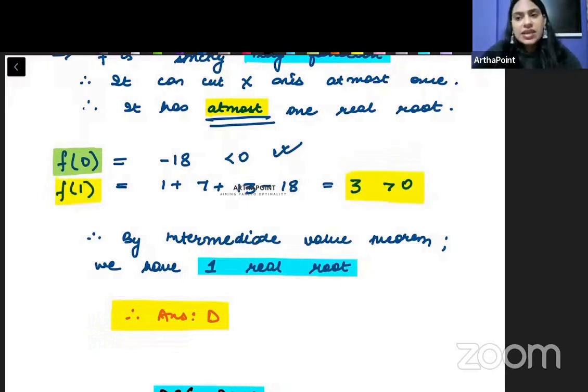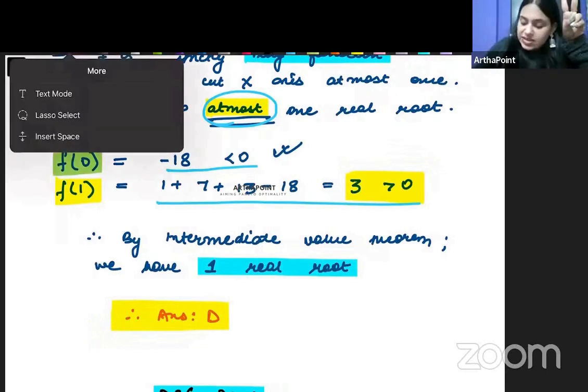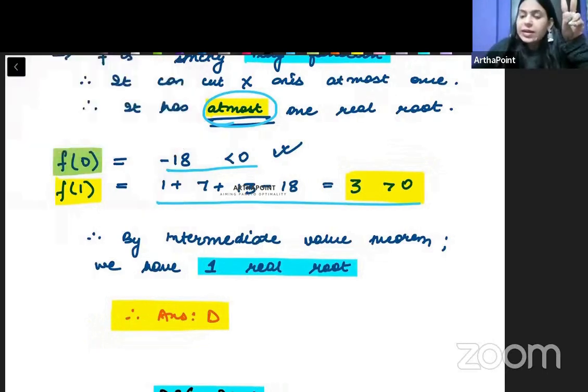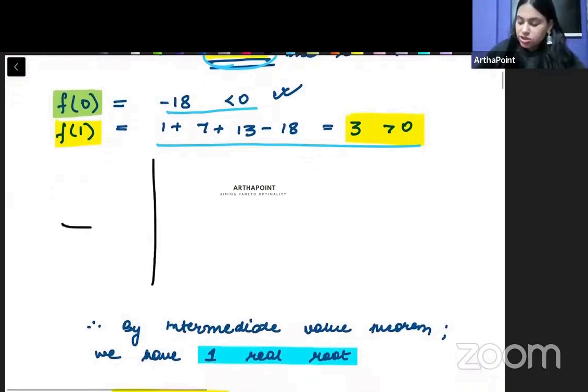So what we are seeing in this case is that the function, देखो maximum वो एक बार x-axis को cut कर सकता है, and we are saying that okay, it is taking some negative value and okay, it is taking some positive value. The function is taking some negative value, minus 18 ले रहा है, and then it is taking plus 3 here.